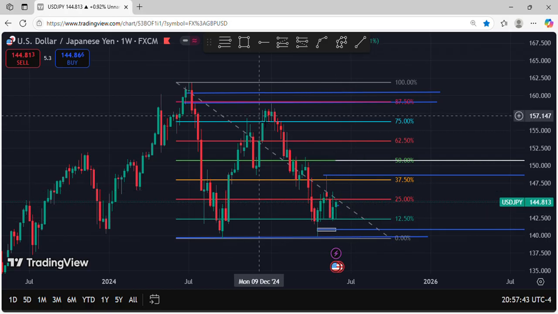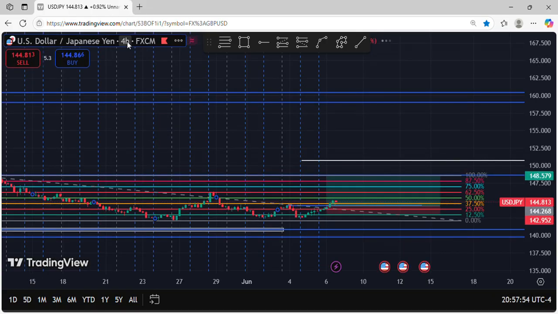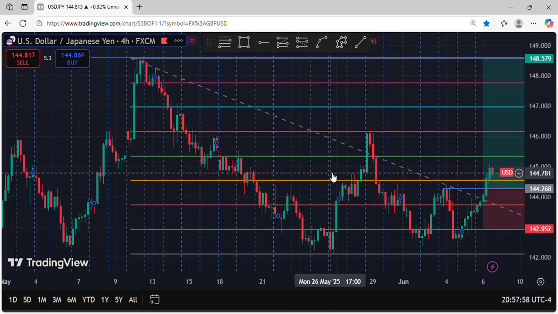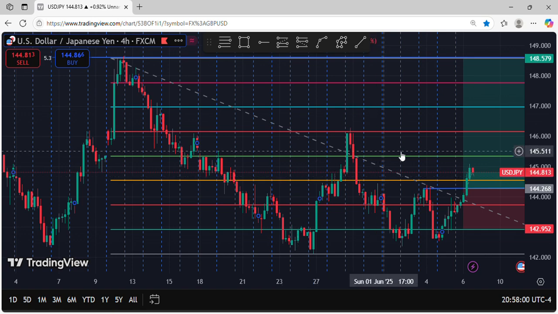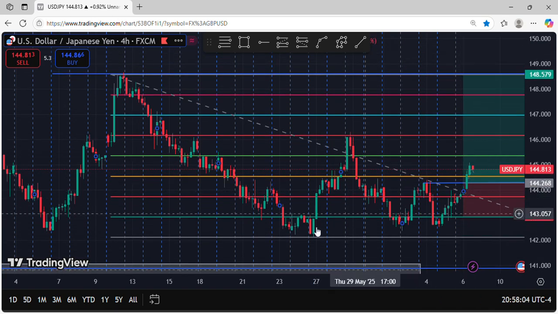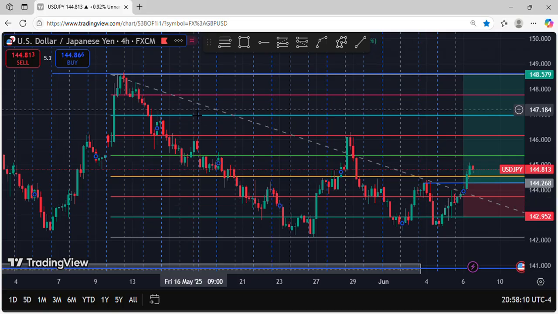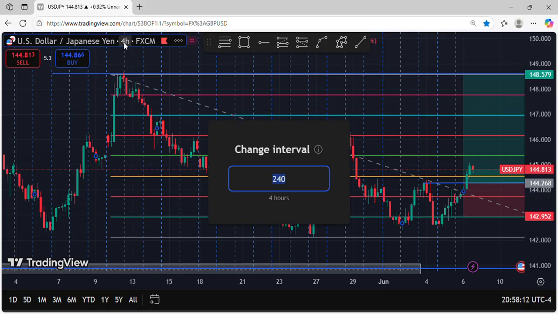Okay, so going into the lower time frame, going into the 4-hour, I established this range, so all of this price action is currently at the 25.